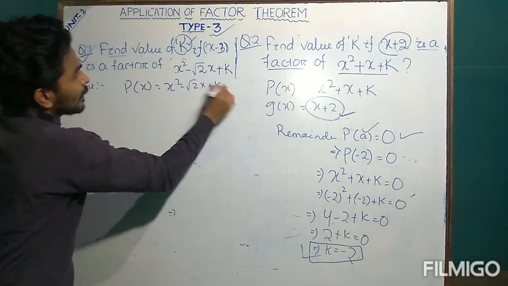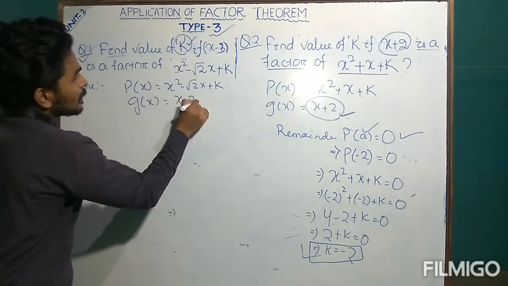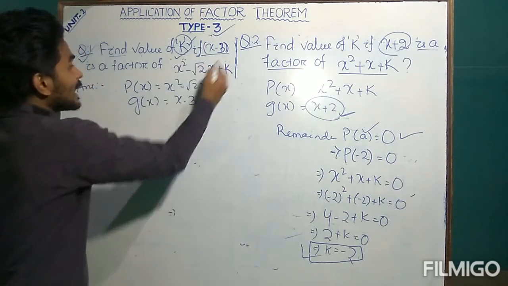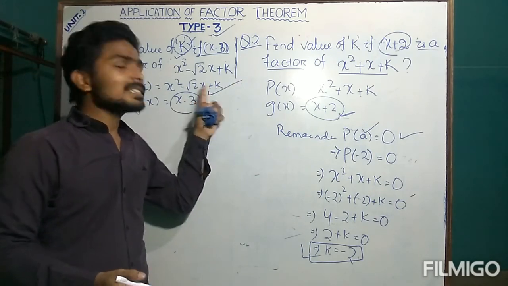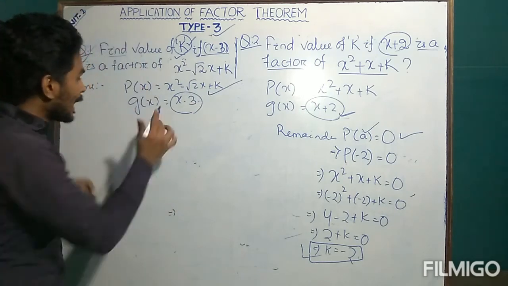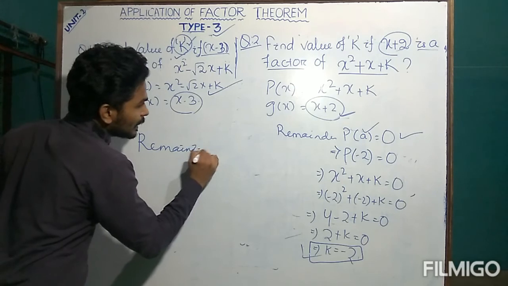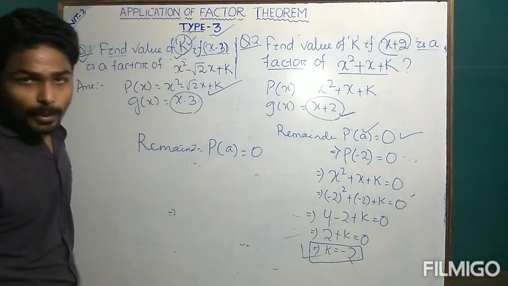Okay? And we have g of x also given. Then we need to find the value of k. Since it is given that x minus 3 is a factor of this, that means this polynomial completely divides the other polynomial. And in this case, the remainder must be 0 because it completely divides the other polynomial.